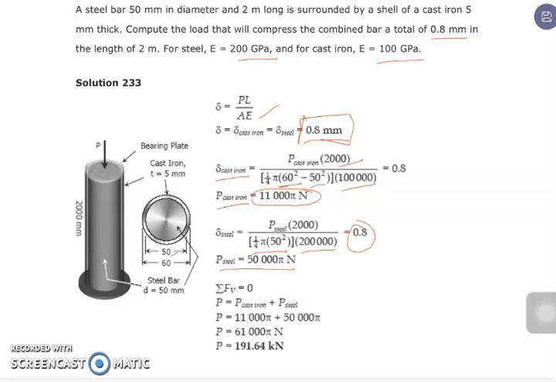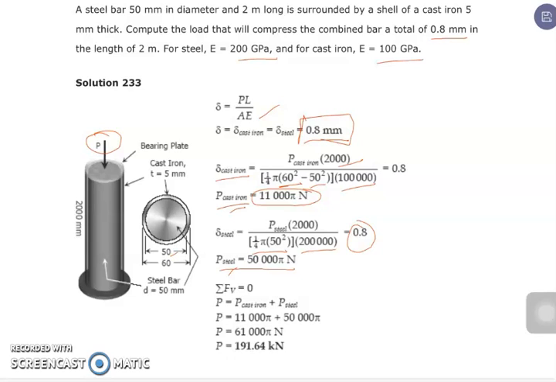Now we have the force on the cast iron and on the steel, so we can get the value for the total force applied on the steel bar. Taking the summation of forces in the vertical direction equal to 0, the total force P, or the applied force P, is equal to the force on the cast iron plus the force on the steel.